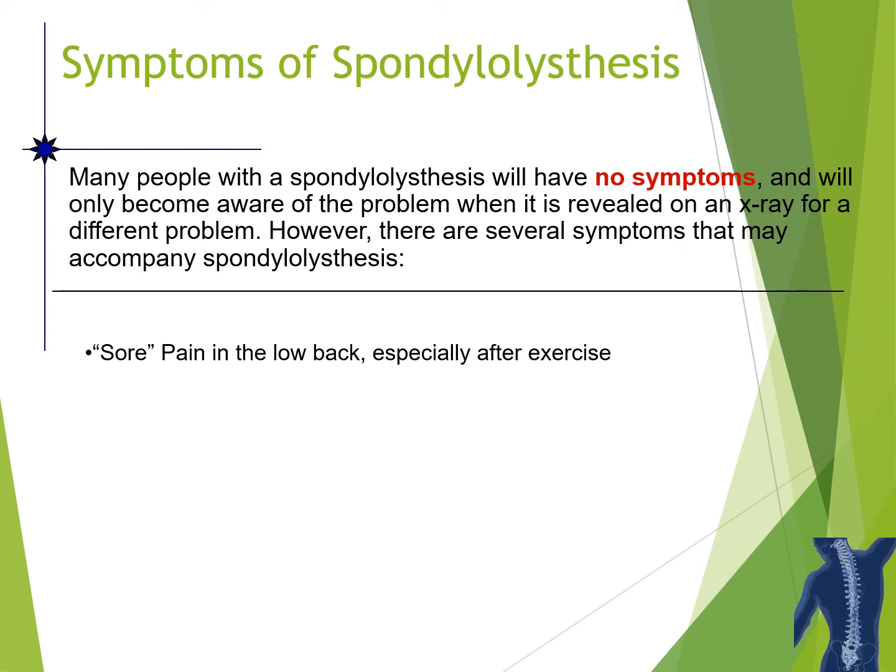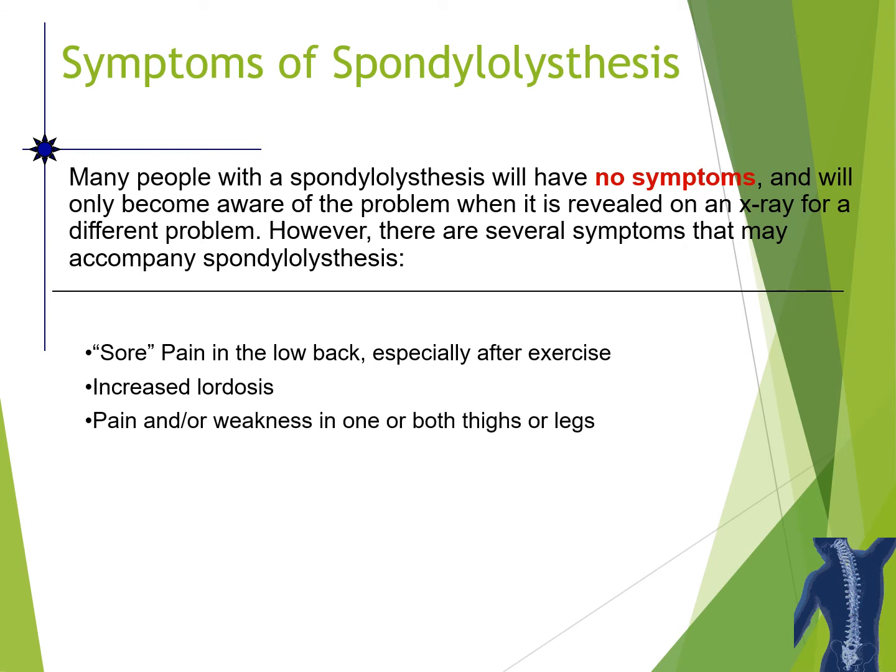The facet syndrome patients typically have an increase in their pain after being stationary for a period of time, and the spondylo patients typically have an increase in their pain after exercise or after a lot of movement. They have an increased lordosis. Imagine we have anterior slippage of that vertebrae pulling that lumbar spine and the weight bearing forward, anterior to the pelvis. And when that happens, we also can have an increase in lordosis, which we'll see here.